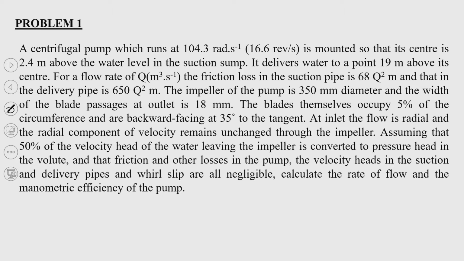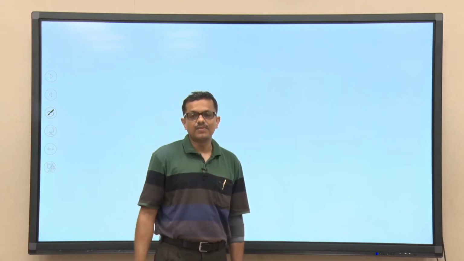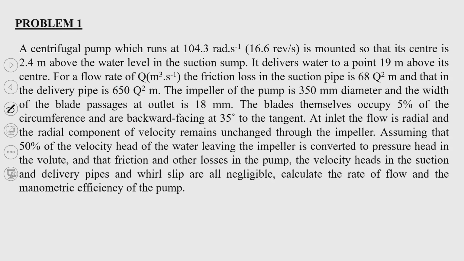So, basically what we will do, we will try to quickly draw the schematic depiction of the pump and pumping station. If we consider a pump, say this is a radial flow pump, and it is said that it is mounted so that the center of the pump, that is the datum impeller axis, that is what we have discussed many times, is 2.4 meter above the water level in the suction sump.